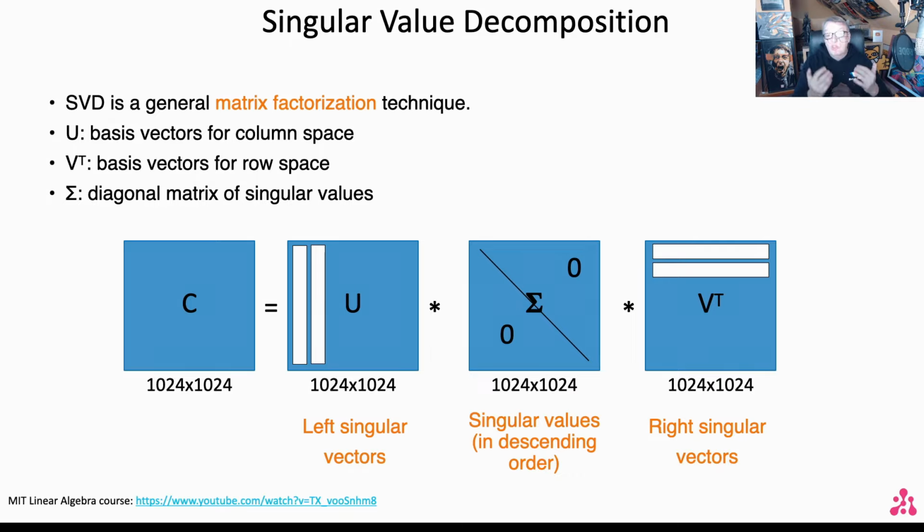Will work. So there's a geometrical explanation to this, which I don't think is quite relevant to our discussion, because as you probably know, matrices are linear transformations, and SVD breaks down that linear transformation into two rotations and one scaling operation.